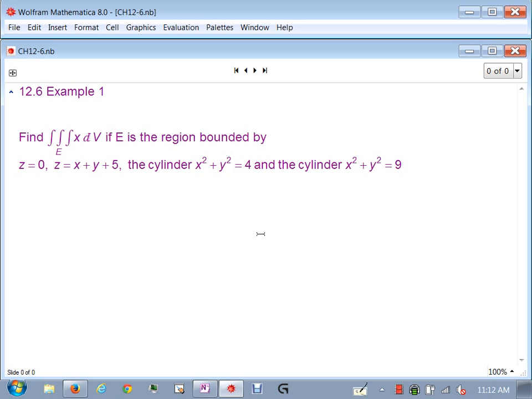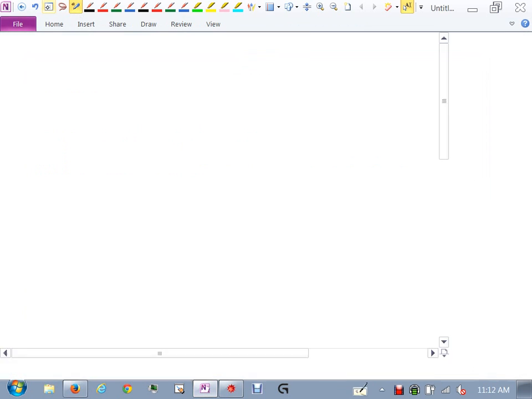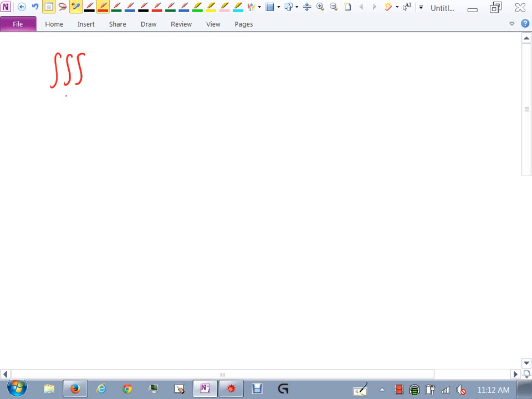Oops, okay. Well, I want to do the triple integral over the region E of x dV if E is the region bounded by z equals 0, z equals x plus y plus 5, the cylinder x squared plus y squared equals 4, and the cylinder x squared plus y squared equals 9.